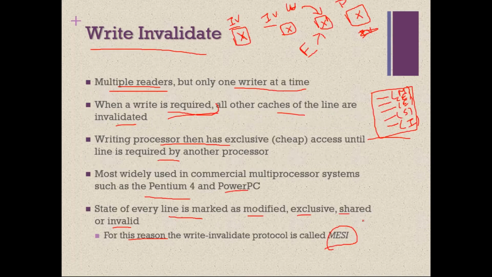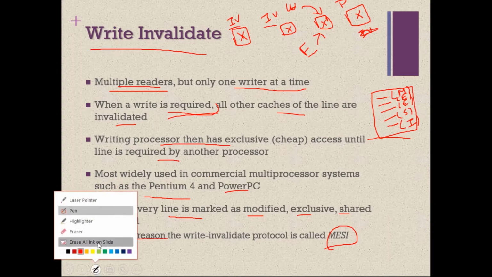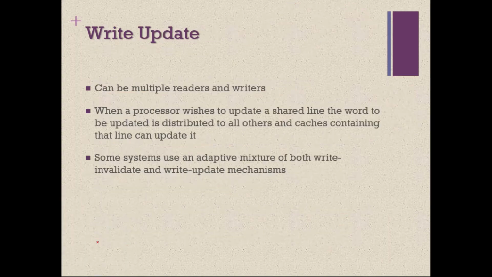So in write invalidate, we can have multiple readers and one writer, but that is not the case in write update. Write update allows multiple readers and multiple writers. How is that? Say, for example, there are many caches.